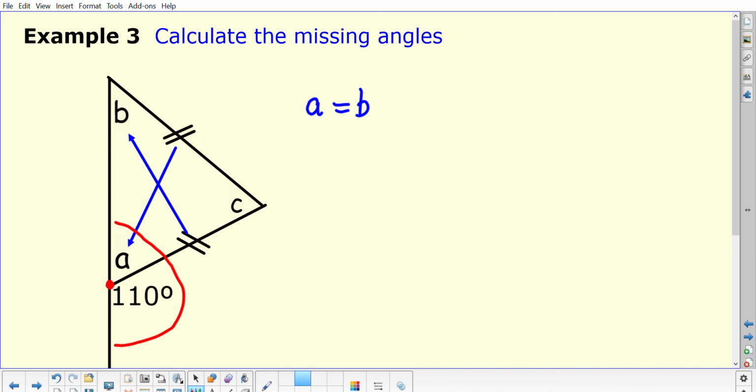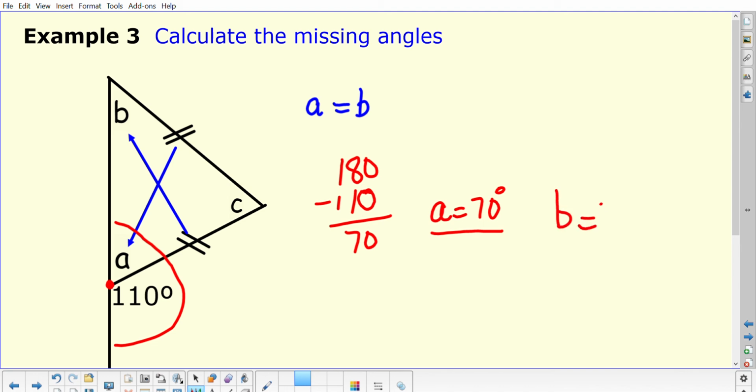So if you do 180 take away 110, which is of course 70, that would tell you that angle A is 70. Because we know angle A and B are equal, we can also write down that means we've got 70 there as well.